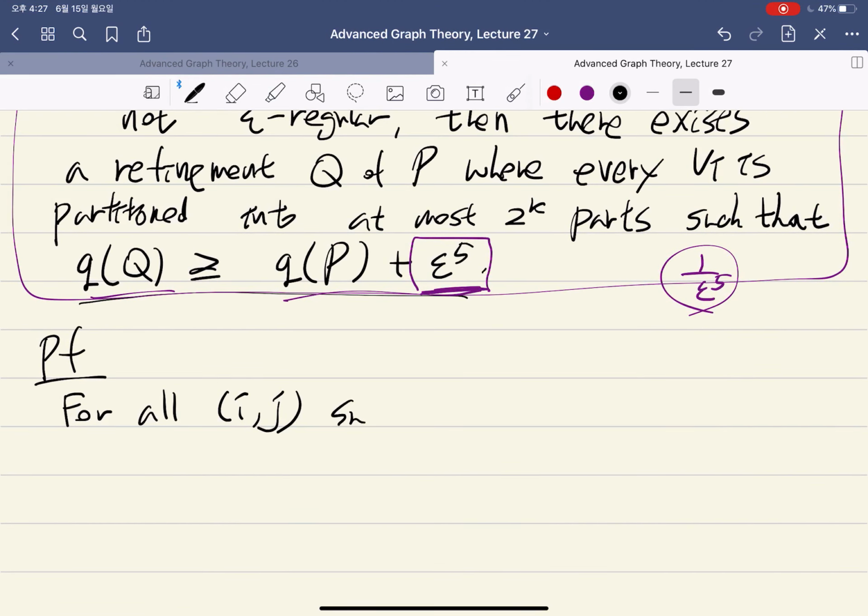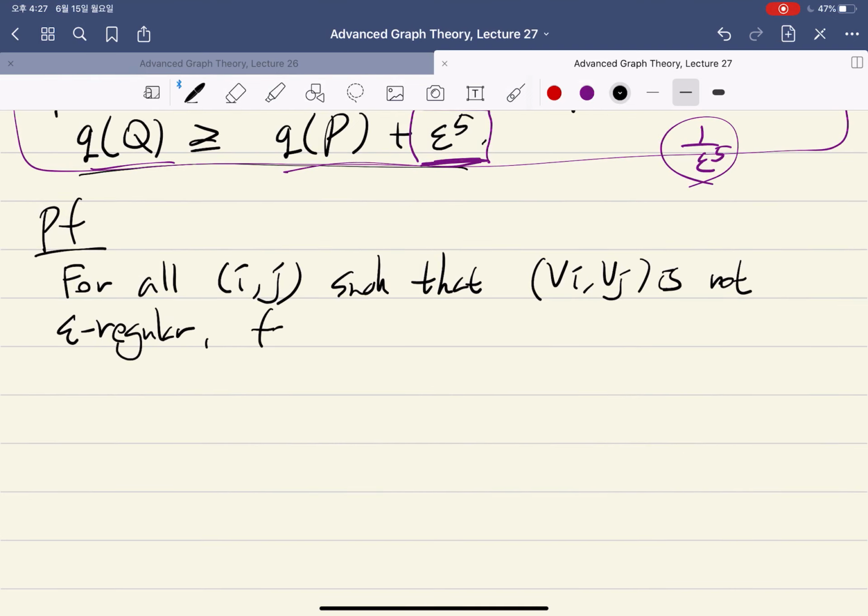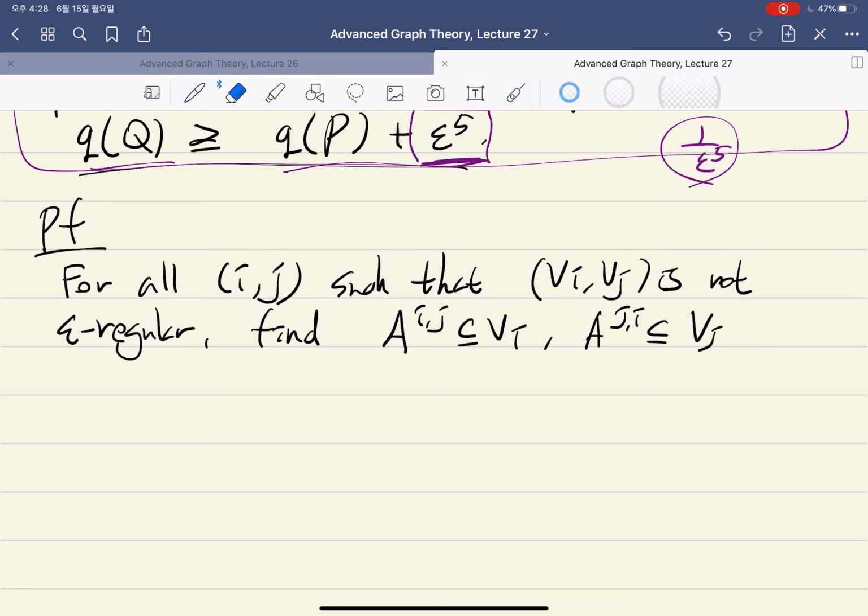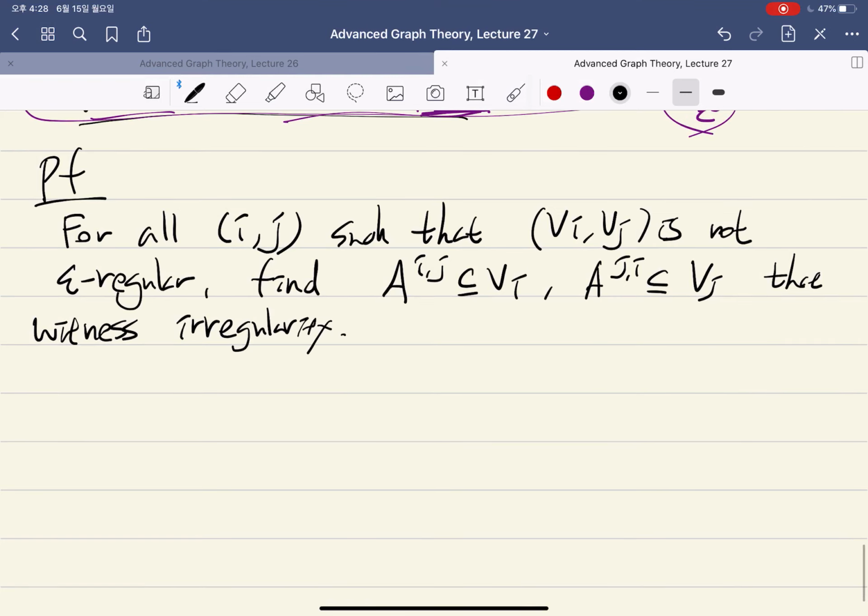So for ij such that Bi and Bj are not epsilon regular, we find, say, Aij inside Bi and Aji inside Bj that witness the irregularity.